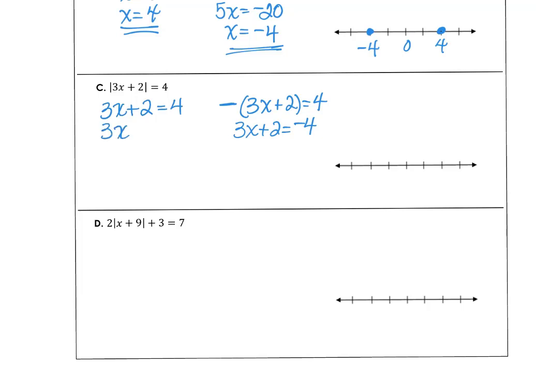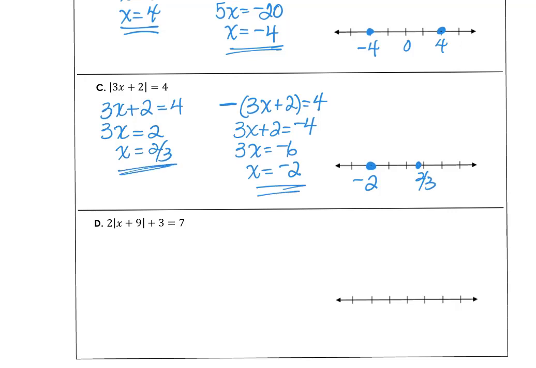And here, 3x plus 2 equals 4, so x is 2/3, or x is negative 2 when we solve for x in this particular case. So either x is negative 2, or x is 2/3.